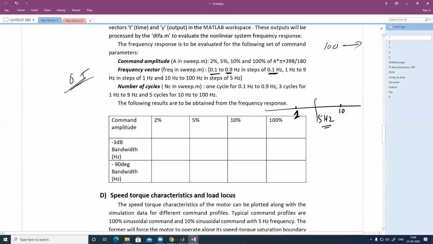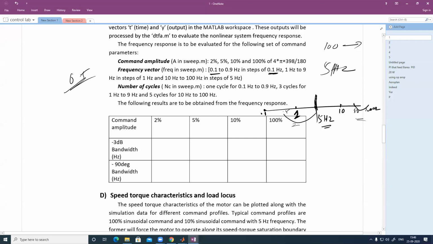Once again, will you say it, sir? 5 Hz is the central point. 1 decade below means 5 by 10, 0.5. 0.5 Hz to 50 Hz. The nearest point on the decade scale is 0.1. And here it is 50, and the nearest next point is 100 Hz. So that is the meaning.